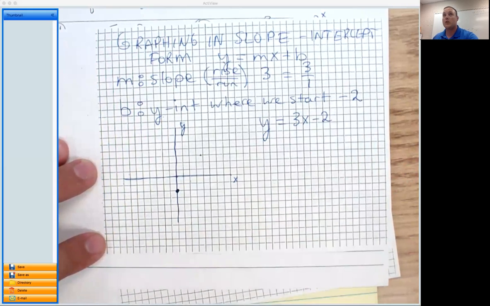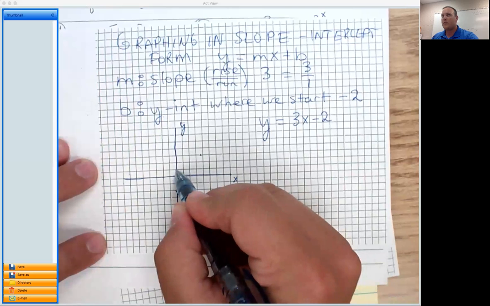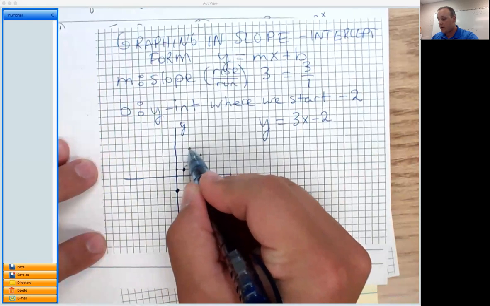Down 2 from the origin. And now, how do I know where to go? Up 3 over 1. So 1, 2, 3. To the left or right? To the right 1. Up 3 to the right 1.